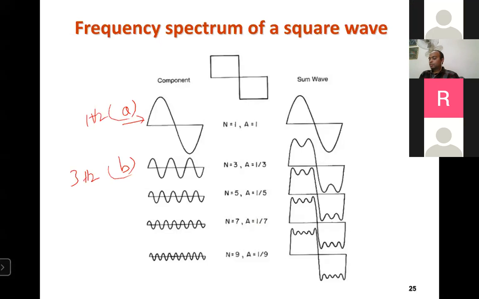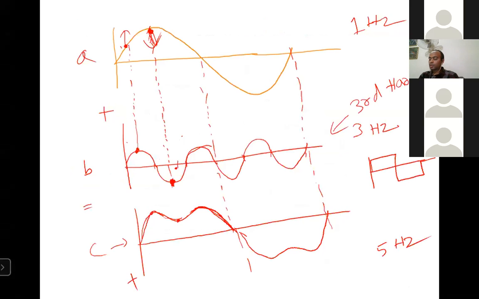So when figure A is added with figure B, you are getting the result, this one. This is the result which I saw in the last figure. So when this 1 Hz signal is added with the 3 Hz signal, we are getting a shape which is a little bit like a square wave.